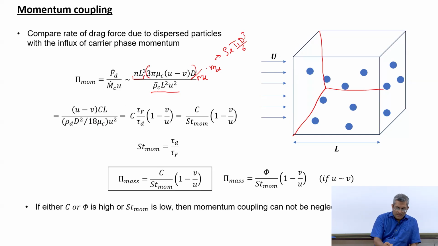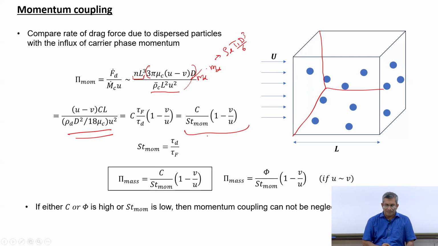Then we can show that this expression is basically equal to this, and then the momentum coupling parameter is essentially equal to the ratio of concentration and the Stokes number based on momentum exchange, times this extra parameter here, that is 1 minus the ratio of the velocity of the particles to the velocity of the carrier phase.